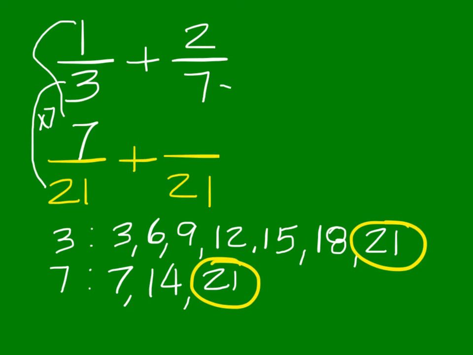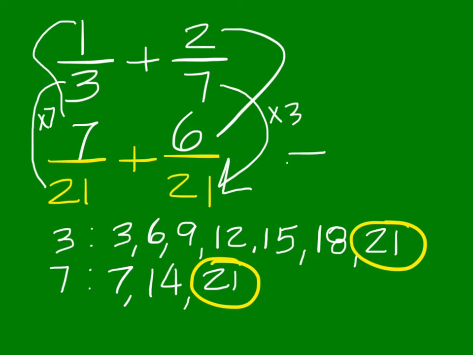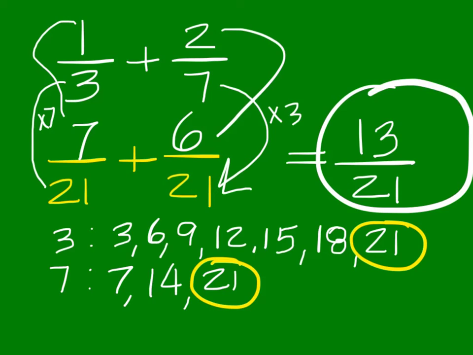Now what would I multiply 7 by to get 21? 3, that's right. You'd have to multiply by 3. So 2 times 3 is what? 6. So add the tops together. 7 plus 6. And there's your answer, 13 over 21.